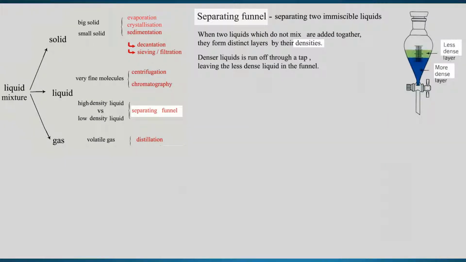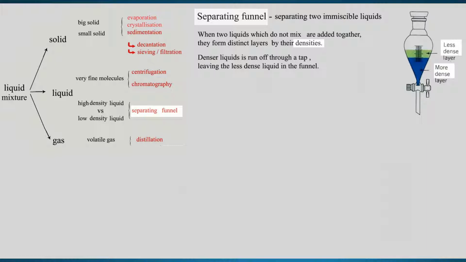Separating liquids. Earlier we were talking about solids or fine particles. What happens if they still remain as liquid? We can look at the density, which may be different for two different liquids.